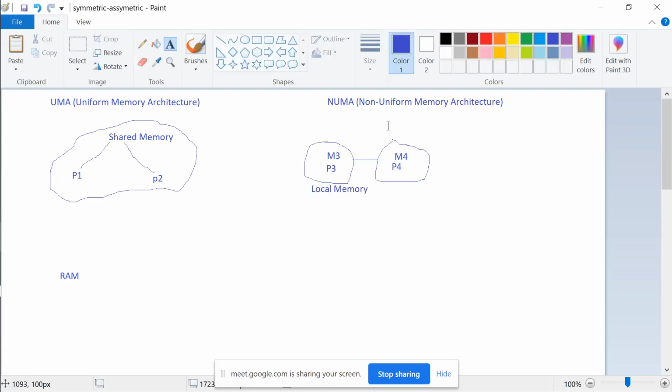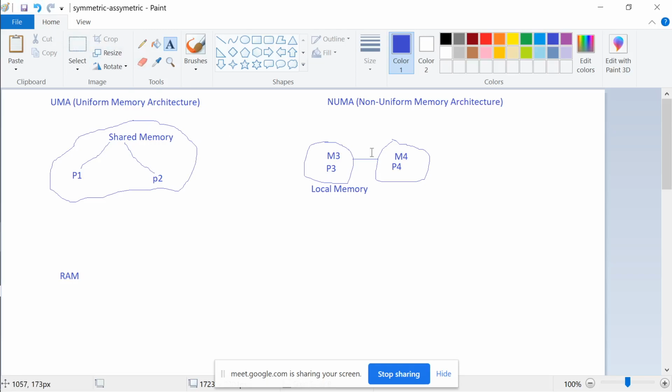Non-uniform memory architecture is an architecture where each processor in the multiprocessor architecture has its own local memory. Uniform memory architecture is a multiprocessor architecture in which all the processors inside the system have a shared memory. That is the difference.